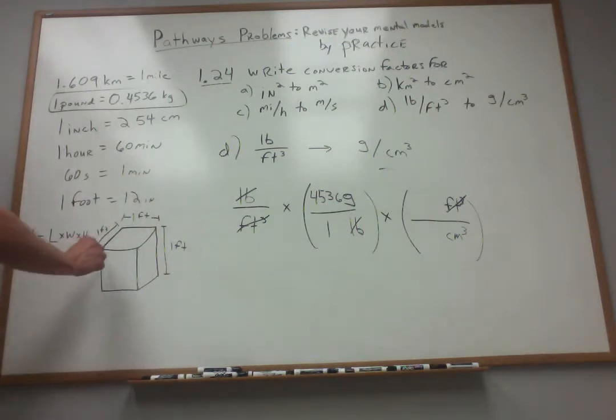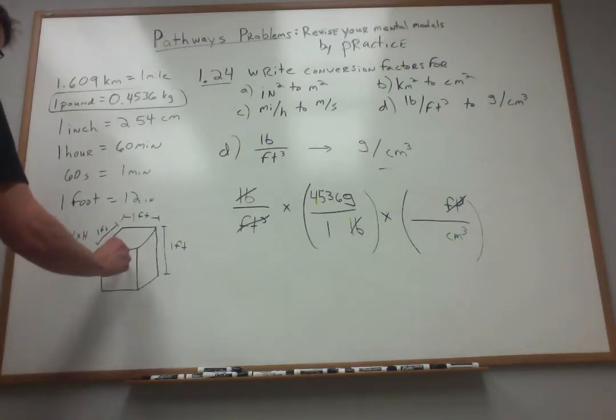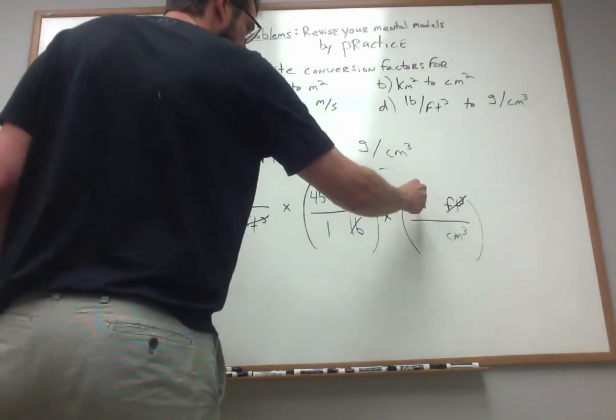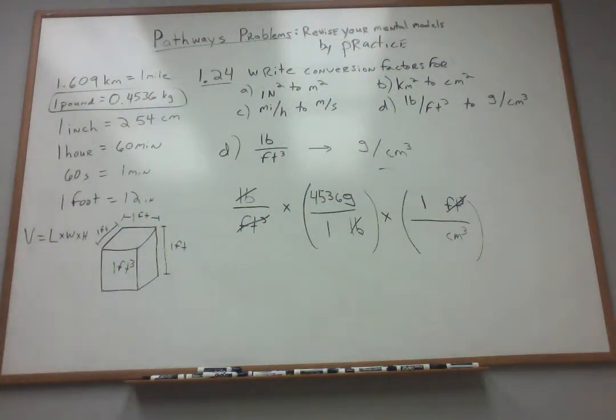Wouldn't it be wise to say that that cube in that case is 1 cubic foot? Right? Makes sense. It's 1 foot by 1 foot by 1 foot, that's 1 cubic foot. 1 foot to the third power. Got it?